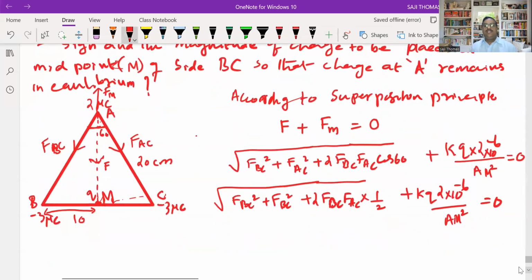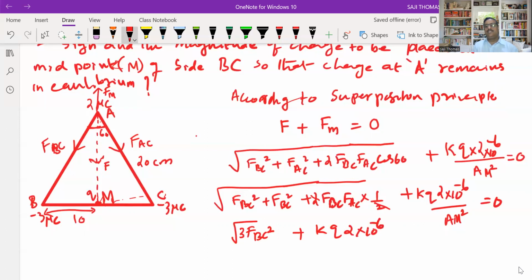Now what to do? This FBC and FAC are the same. So the 2 cancels, and this becomes root of 3 FBC square plus KQ 2 into 10 raised to minus 6 by AM square equals 0.